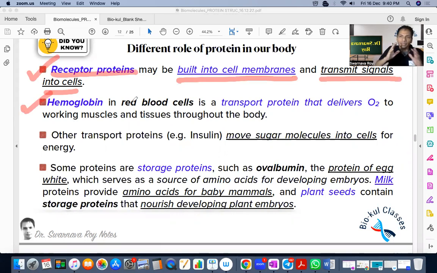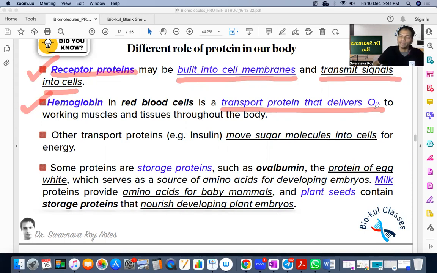Hemoglobin is a protein. It's a mega protein. It is made up of 4 different types of polypeptides, and the function of hemoglobin is to transport oxygen. They bind to oxygen and carry it to the tissues, where the tissues are getting oxygen. Where is hemoglobin present? Inside the RBC, the red blood corpuscles. Inside the RBC, we have this hemoglobin, and it's a big protein.